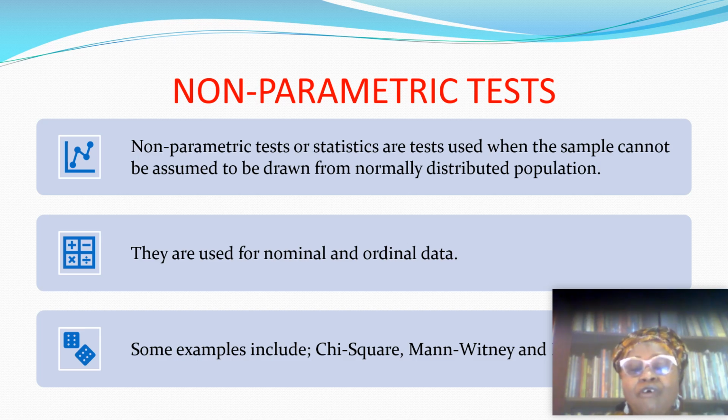So, for parametric tests, we assume that the population falls into a normal curve. Non-parametric is not. And you see the data for non-parametric is nominal and ordinal, the lowest level of measurement, the scale of measurement that we use.